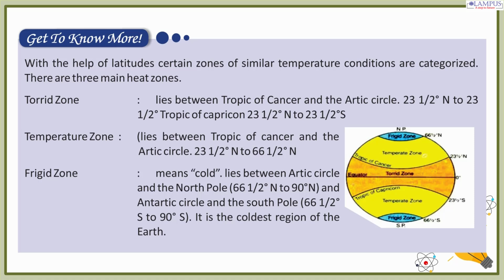Frigid zone means cold. It lies between Arctic Circle and the North Pole, 66.5 degrees north to 90 degrees north, and Antarctic Circle and the South Pole, 66.5 degrees south to 90 degrees south. It is the coldest region of the Earth.